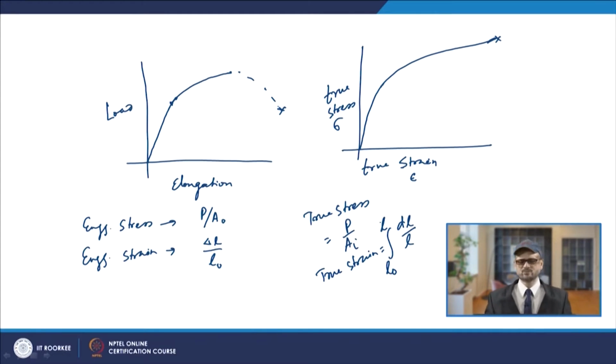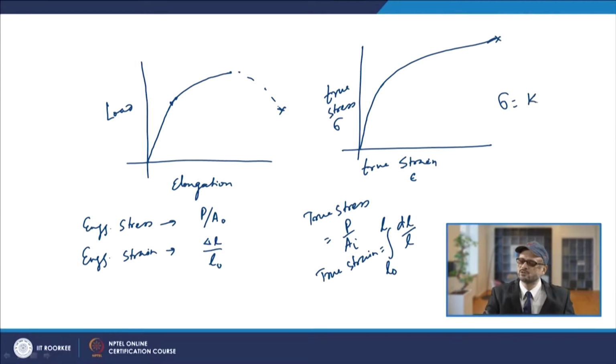Now, many times you have different types of relationships between true stress and true strain, and you have the power relation also available, that is sigma equal to k epsilon to the power n. This is known as the power law, where k is the strength coefficient and n is the strain hardening exponent.